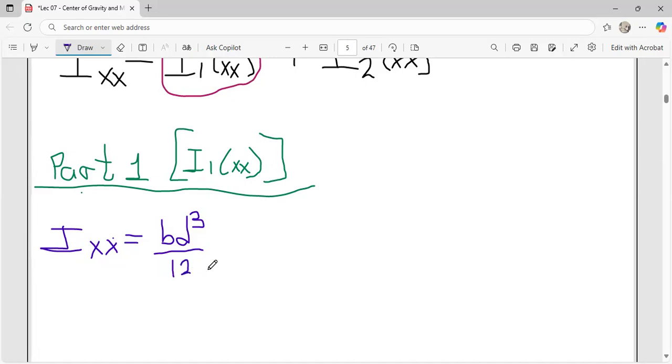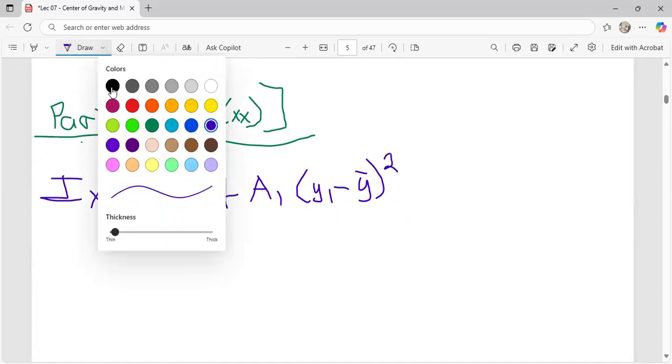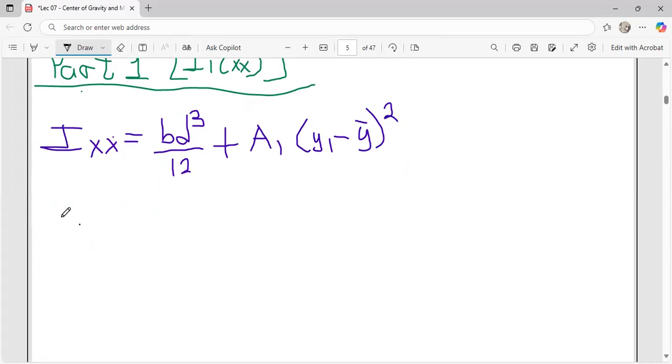To calculate the moment of inertia of part 1, we have to use this formula: BD cubed over 12, plus the area of part 1 times (y1 minus y bar), all squared. From here, it's a matter of substitution.